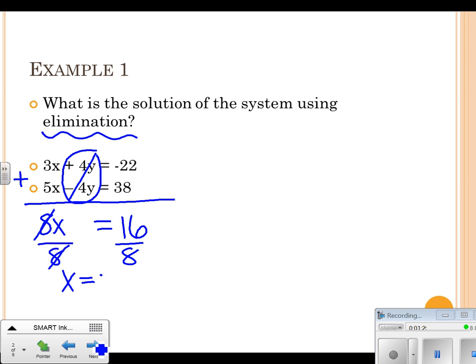And then if we know x, which we know is now 2, we can plug 2 into one of the equations from up above here. It doesn't matter which one you choose. Let's just pick the top one here. So we're going to replace the x with 2, and then we're going to solve for y.